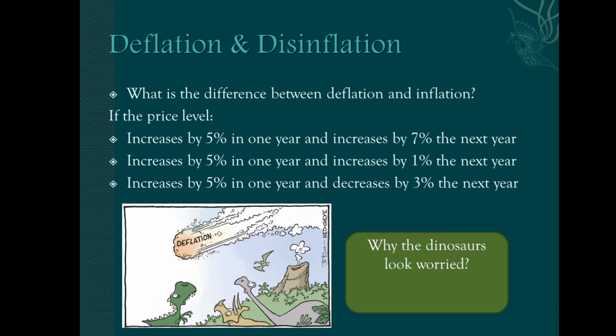So that's why if you have deflation, it's going to be really bad, and we don't see that very often. In this world, we could see that in Japan in the last decade. We could see that in the U.S. during the Great Depression.